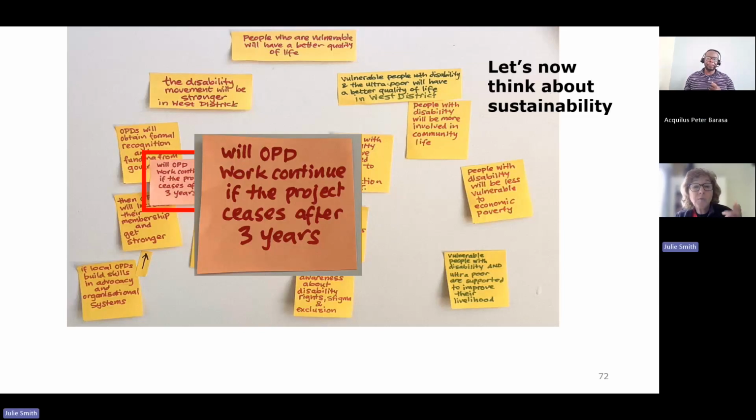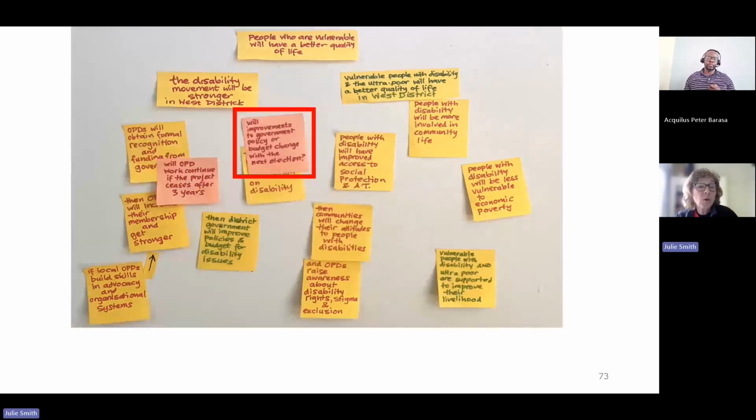Often we find that an OPD might get a lot of support for 3 years, the project finishes and the OPD falls apart again. So will the OPD continue to work if the project ceases after 3 years? What are you going to do about that? How are you going to make sure?